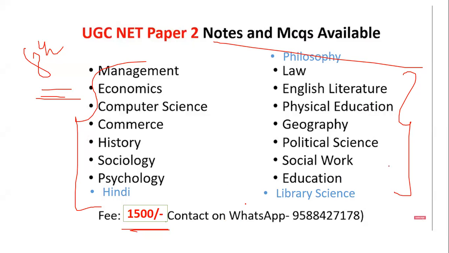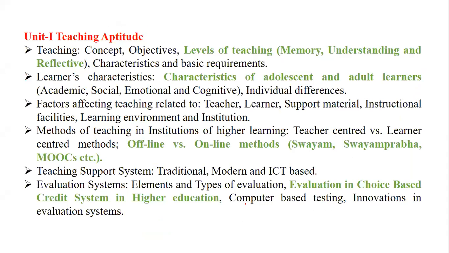Now, as you all know, we will quickly have a look at the syllabus towards teaching aptitude. The important points I've highlighted are where the questions are definitely coming out. So teaching, where we have concept, objectives, levels. This is the topic which we are going to do, and characteristics. Learners' characteristics, where we have characteristics of adolescent and adult. Factors affecting teaching.